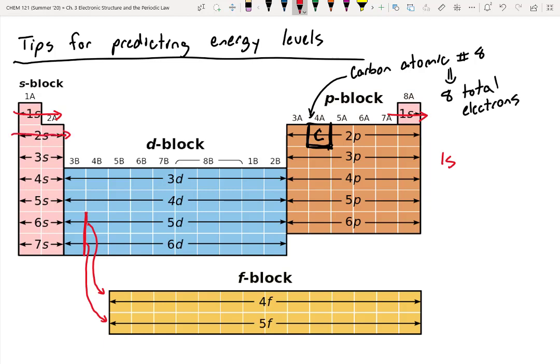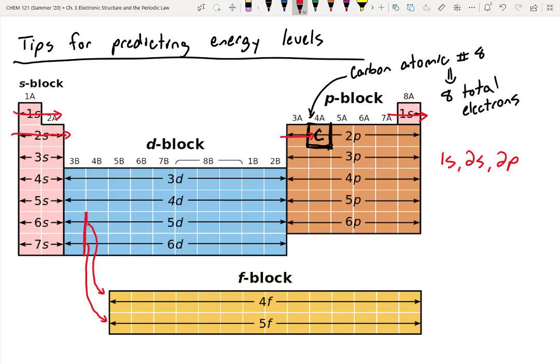And so I'd say, well, next, as we work our way down and left and right, it would be 2s. All right, and then over here, to get all the way to carbon, we have to go through a 2p orbital. Okay, so we've made it to carbon. We know that carbon has orbitals going up and through the 2p orbital, but it doesn't have the 3p, it doesn't have the 3d. We don't have to go through any of those on our pathway to finding carbon.